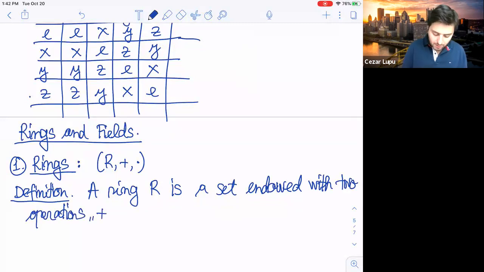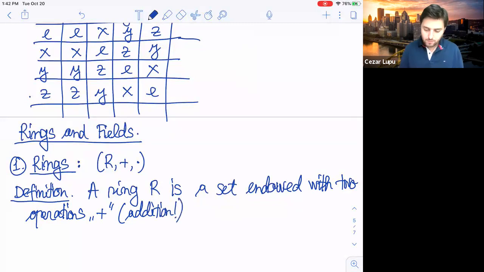Let's say the addition, this is what we call the addition, and multiplication. This dot will be called the multiplication.